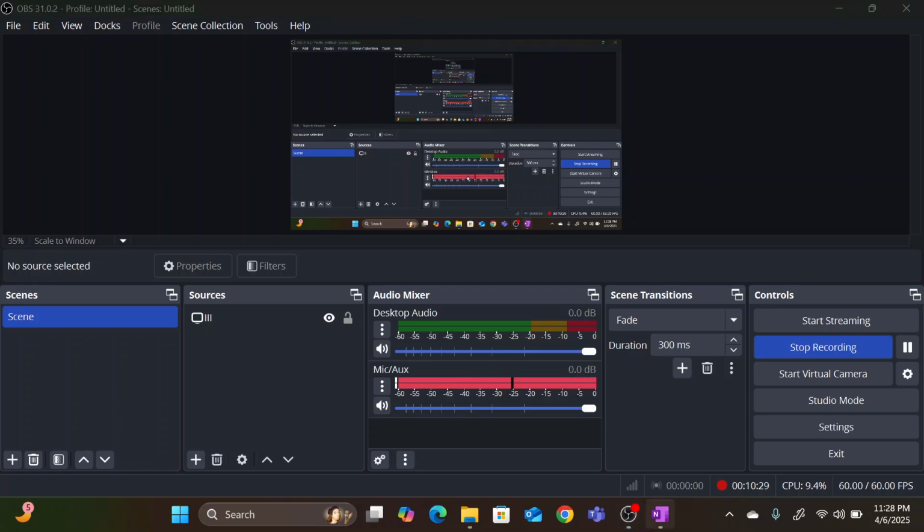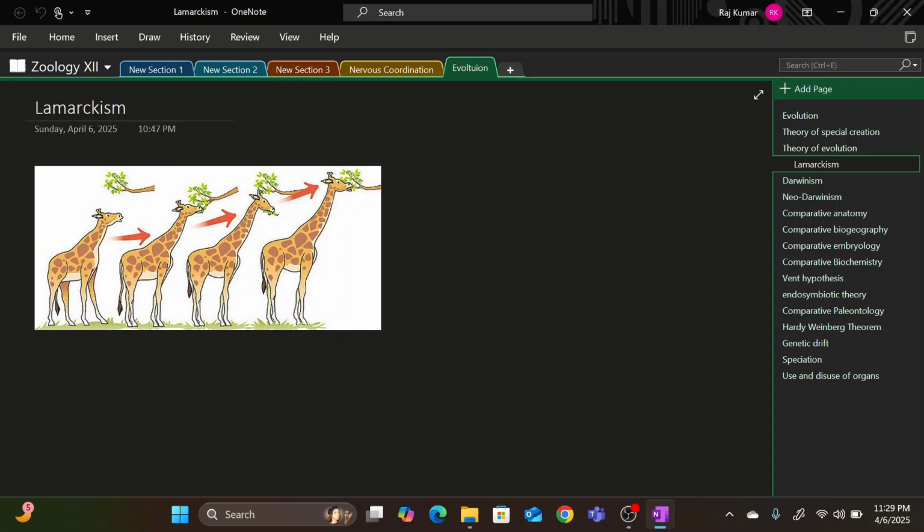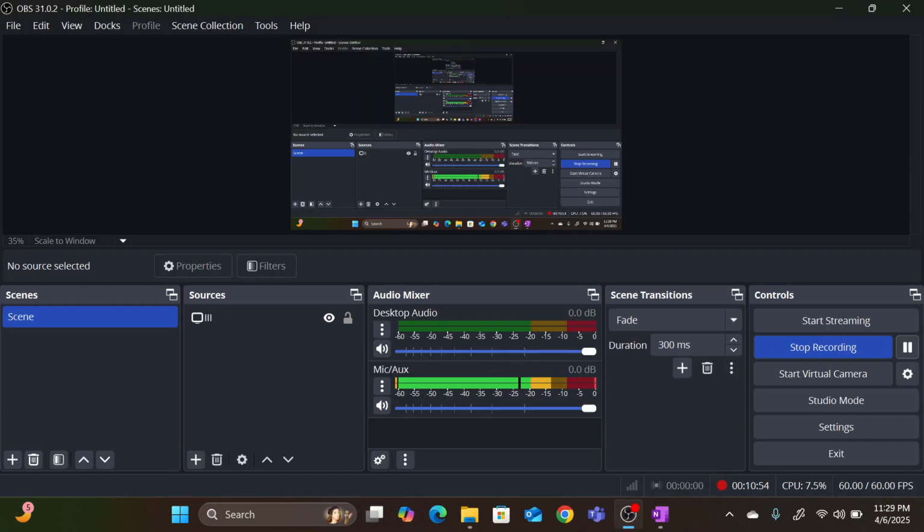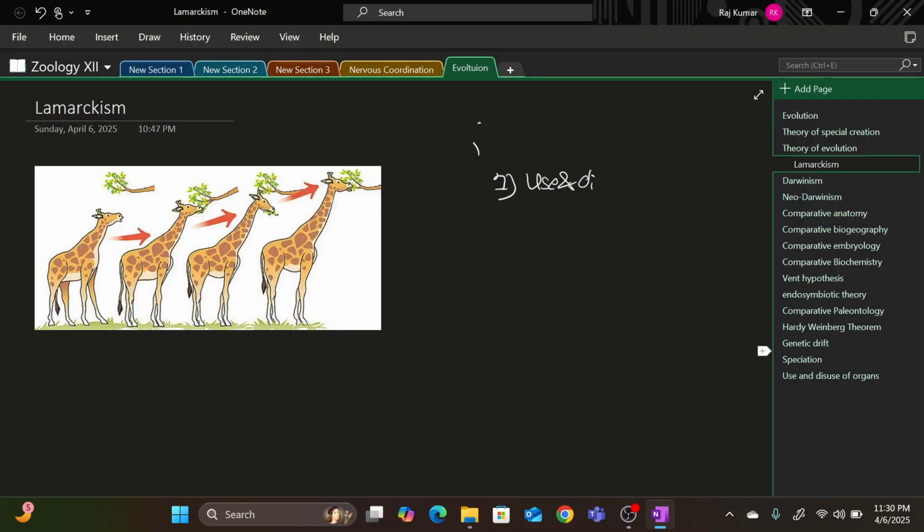Within that book, it was written that his idea was based on two major components. Number one is use and disuse of organs.